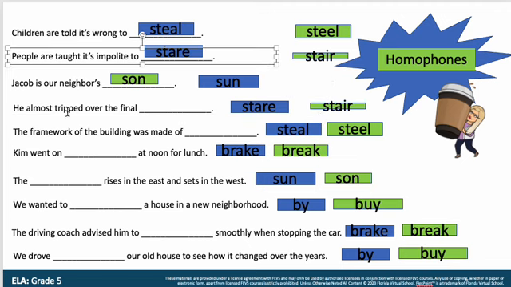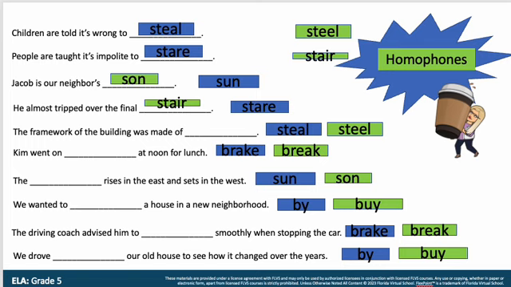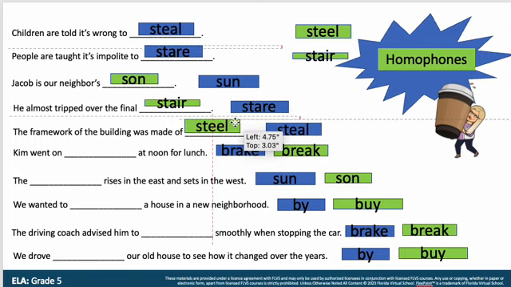Next, he almost tripped over the final stair or stare. Well, hopefully we know it's this one. We literally just talked about it. The framework of the building was made of, hopefully we know it's steel with the double E.